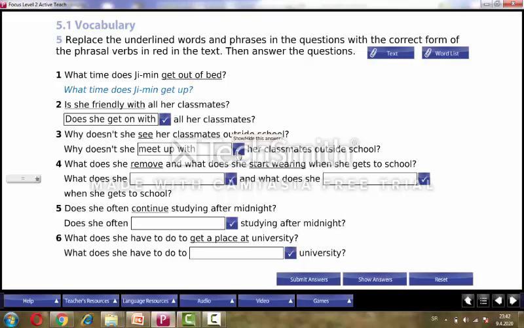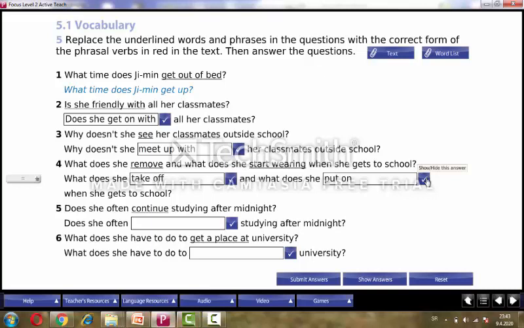To remove clothes or to start wearing. Again, it refers to different items of clothing. To remove is to take off, and to start wearing, what does she put on? So for example, you put your hat on and you take your shoes off.